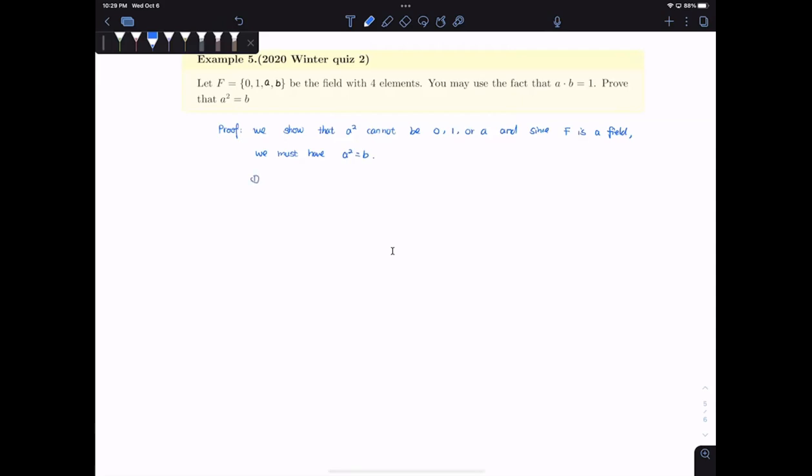The first case, we're gonna do A square equals A. So suppose A square equals to, let's start with 0 actually.